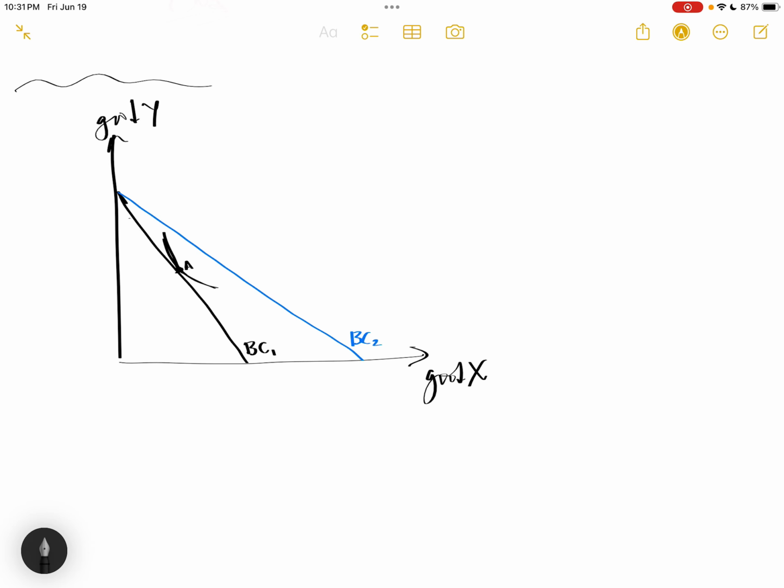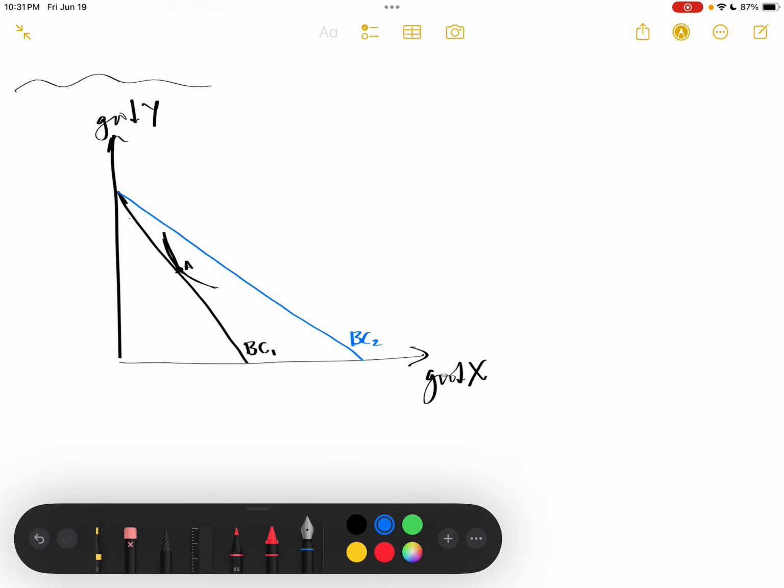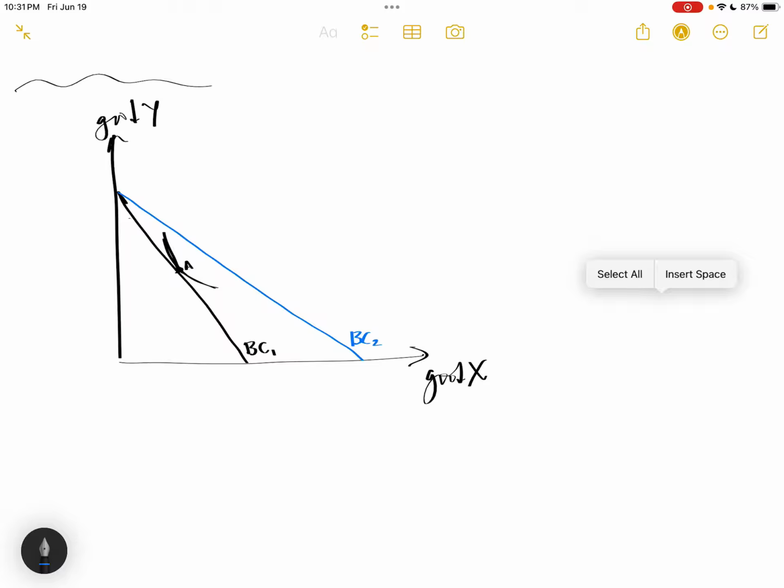All right, so when the price of good X fell, changing my color to blue now, there was a movement from bundle A to bundle B.